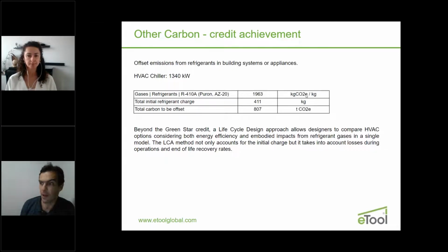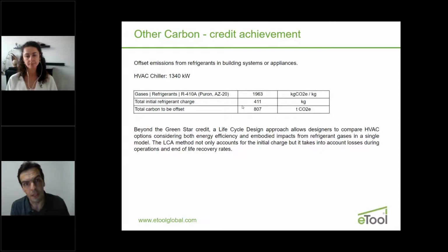I have the coefficient of impact for R410A, the amount of gas, so the mass of the gas, and the associated carbon, so 807 tons of carbon to be offset or eliminated if I use a different gas, a natural gas, or a gas with, I think, GWP below 100. It would also meet the credit compliance. So it's very simple, but very important, very powerful, I think, to offset these gases.